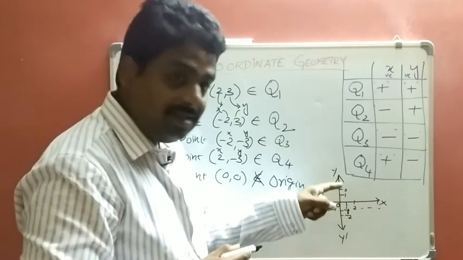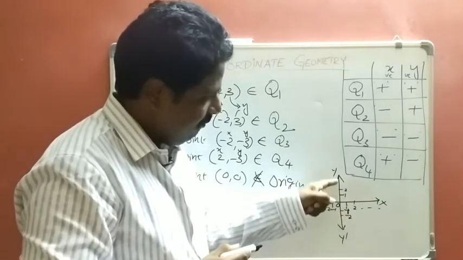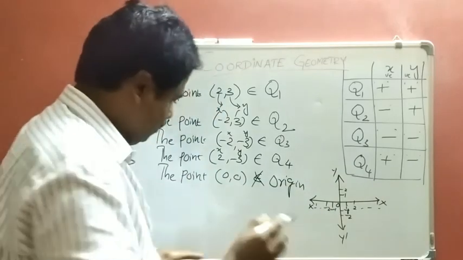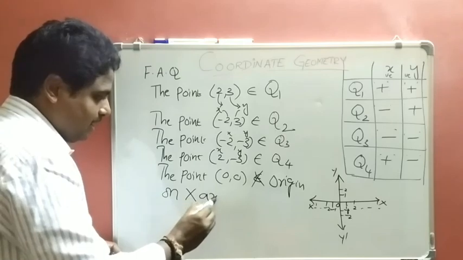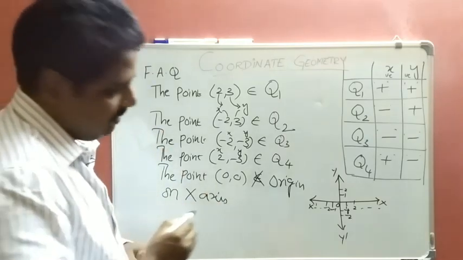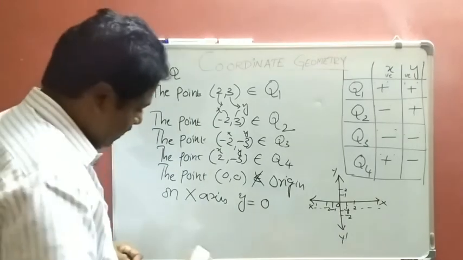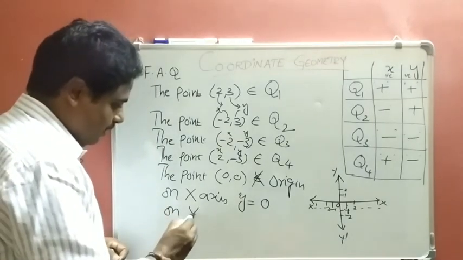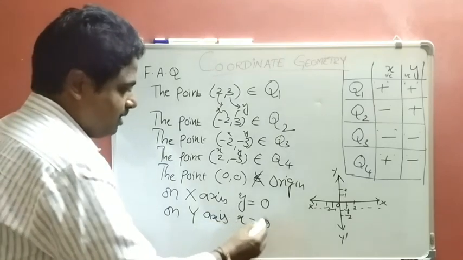So on the x-axis the value of y is always 0. Similarly, on the y-axis the value of x is always 0.